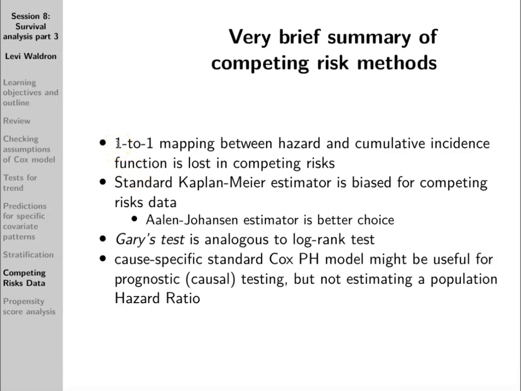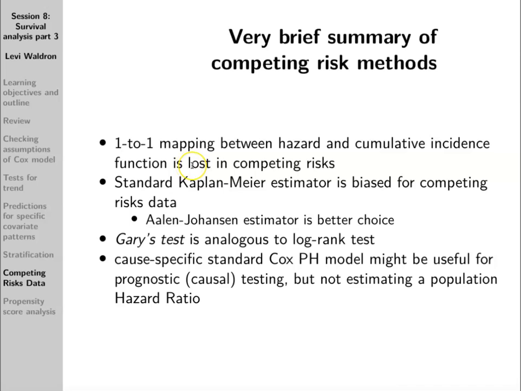So I'm just going to give a very brief summary of what is involved in competing risk methods. The one-to-one mapping that we had before between hazard and cumulative incidence function, where we had this capital H that was just an accumulation of the hazard, is lost in competing risks because we actually have more than one risk.